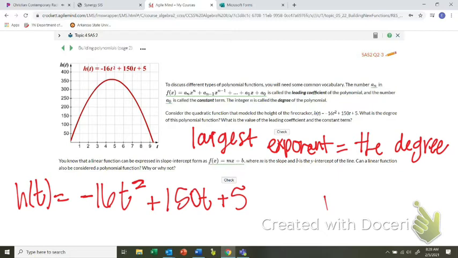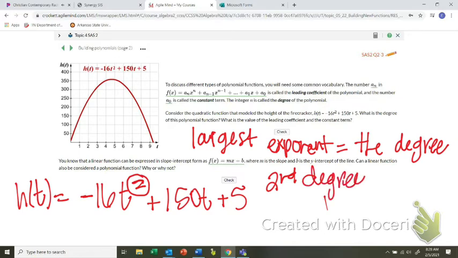So even if the highest power is not the first term you see, you still got to look for the highest one. Okay, and you'll see that in a minute. So this is a second degree. It's what you just said because it has this.